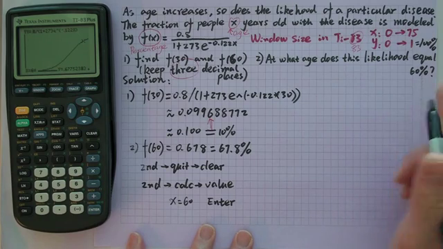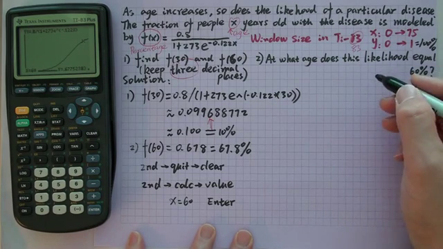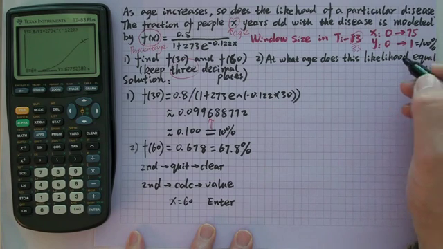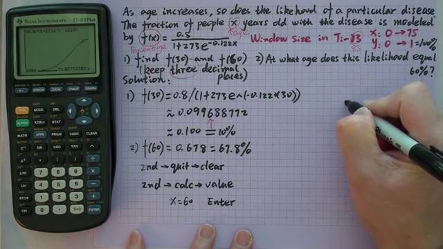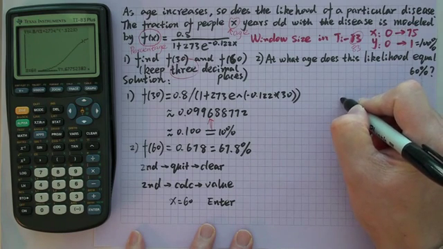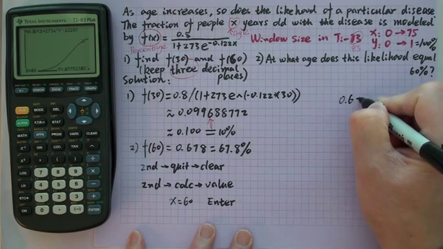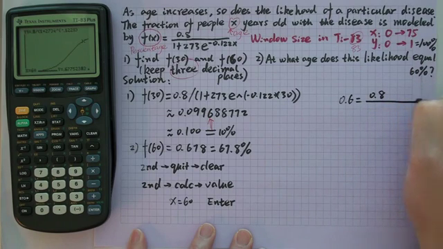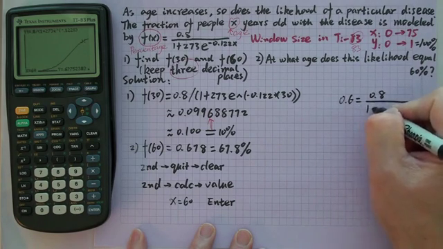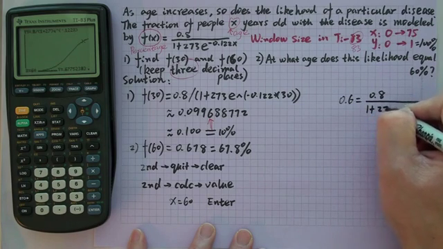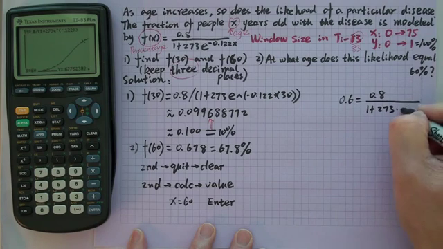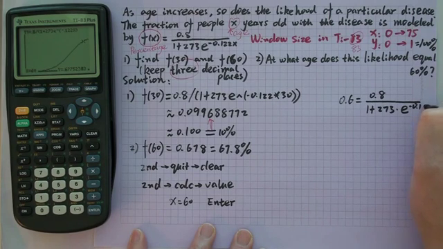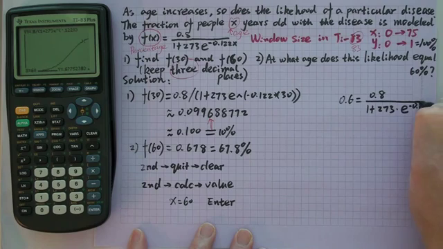That means you have 0.6 equals 0.8 divided by 1 plus 273 times e to the negative 0.122x.